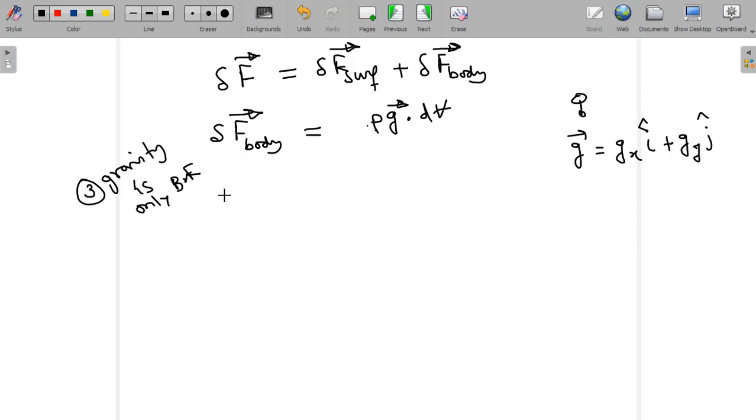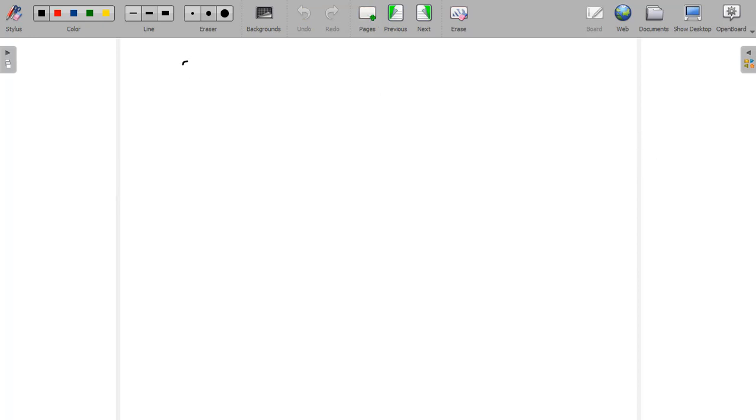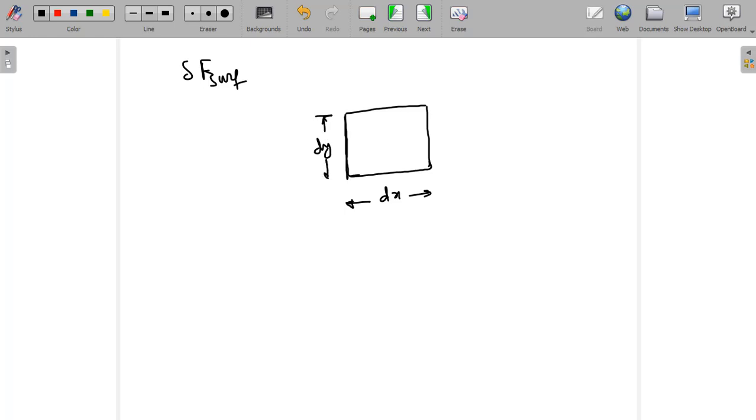Okay, so for the surface force, let us go to the next page. Now delta F, the surface force, we have to find out, and the surface force is produced because of the stresses acting on the body. So if you consider this is the small element, and say this is dx and this is dy, and let us consider perpendicular to the screen the dimension is 1.